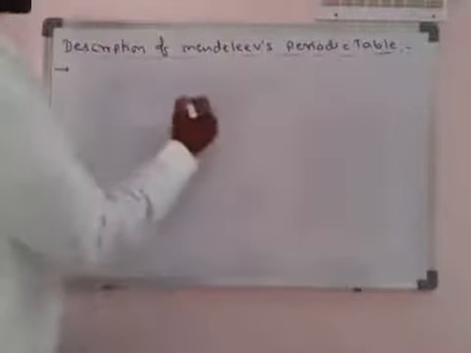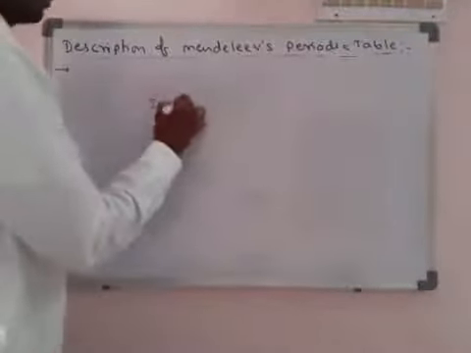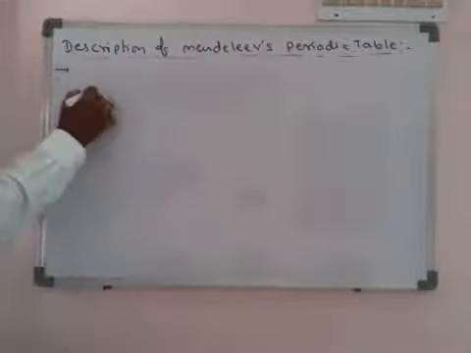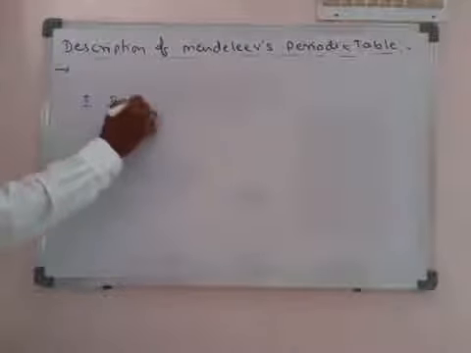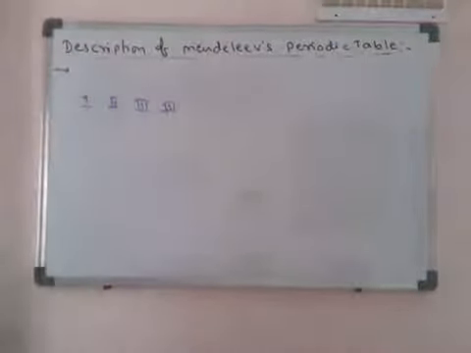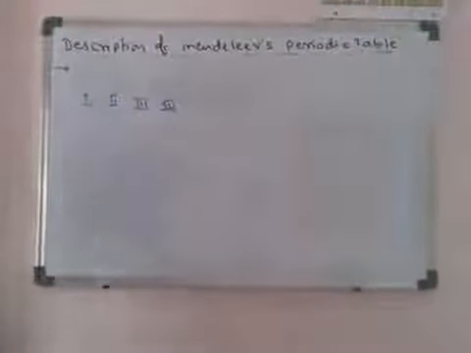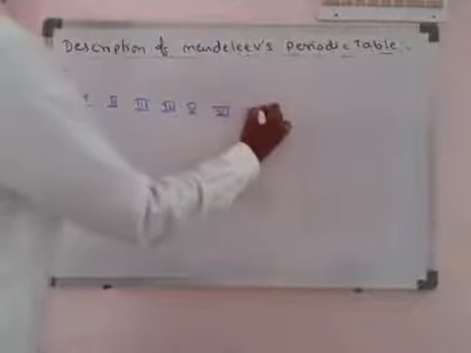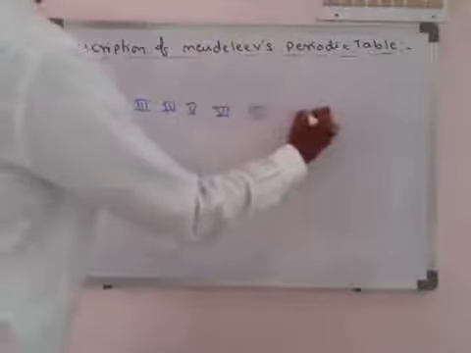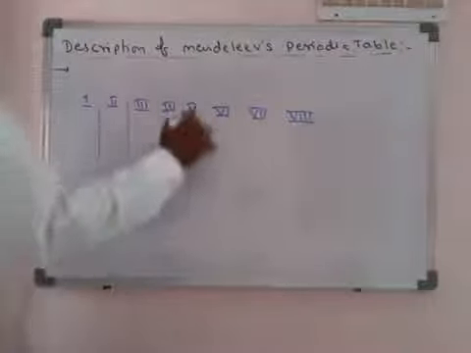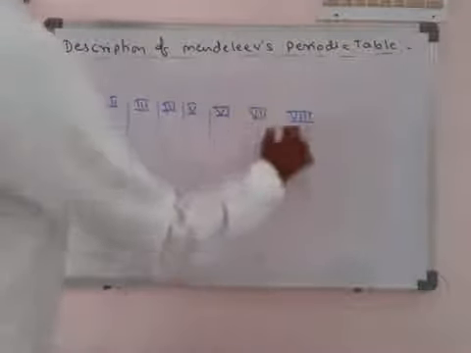Okay, so 1, 2, 3, 4, 5, 6, 7, 8. So he made 8 vertical columns.